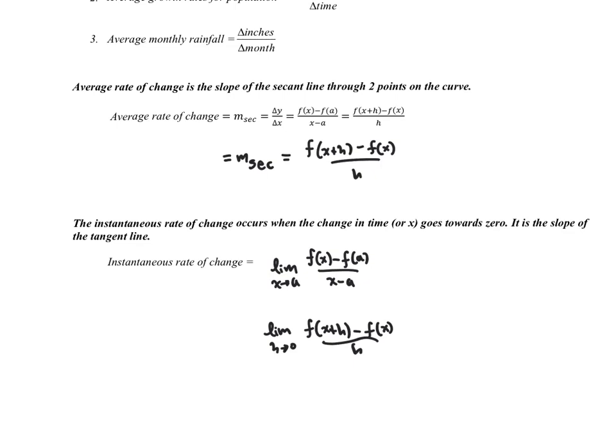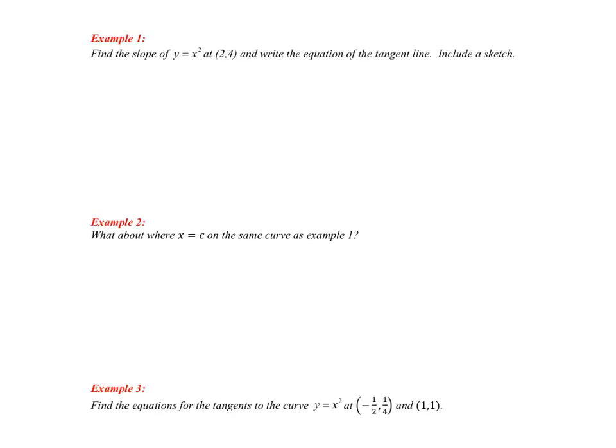All right, let's continue with some examples. Example 1, find the slope of y equals x squared at the point 2, 4, and write the equation of the tangent line. Include a sketch. So the first thing that I care about is where the slope is taking place. It's going to take place at x equals 2.